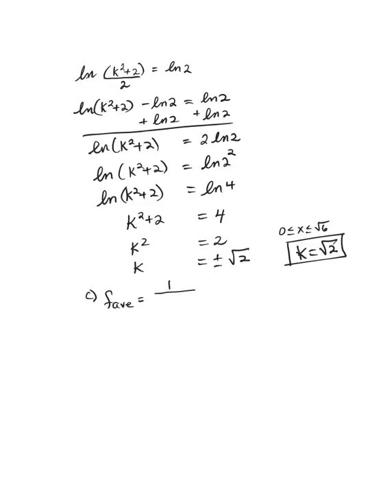So the average value would be 1 over the square root of 6 minus 0 of the definite integral from 0 to root 6 of x dx over x squared plus 2. We already did this in part A, and we found that the answer in part A was just ln of 2. So the answer is 1 over root 6 times ln of 2.